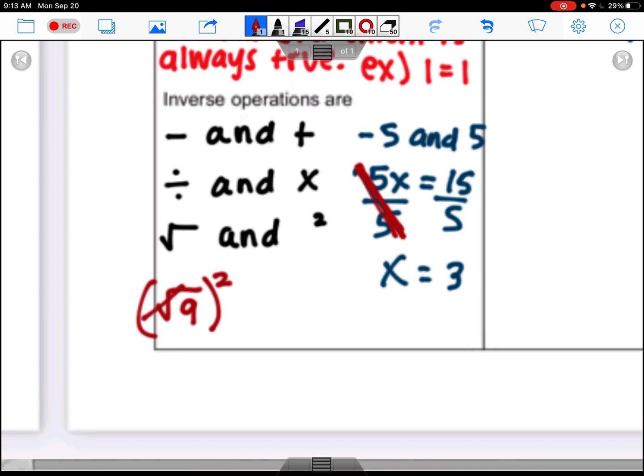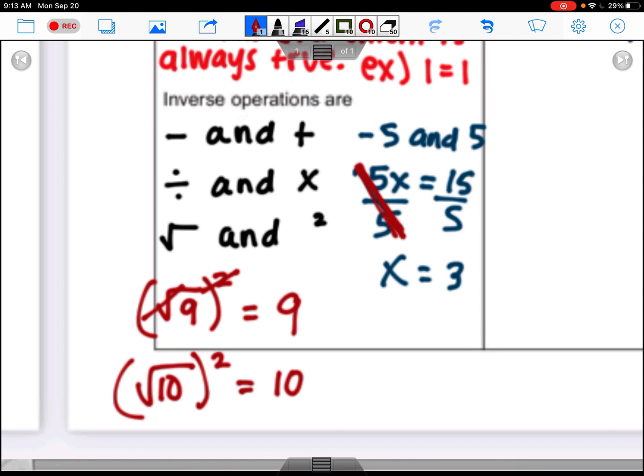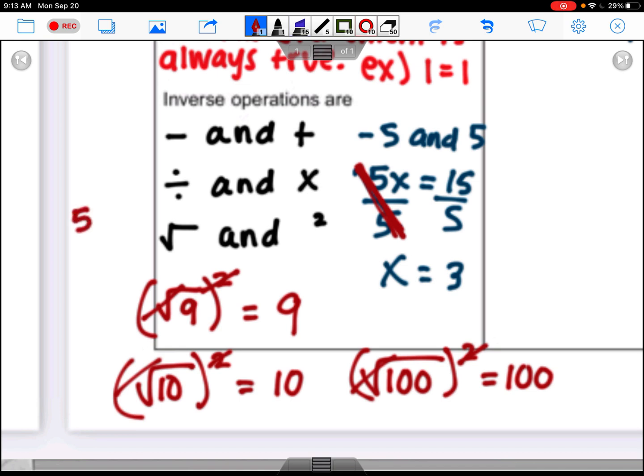The square root and the square cancel out, so the square root of 9 squared is just whatever's left inside. The square root of 10 squared is 10 because these cancel. The square root of 100 squared, do you see the pattern? These cancel out and it equals 100. Just like 5x divided by 5, these would cancel.